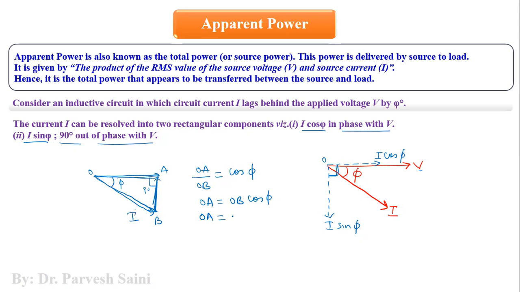So OA is equal to I cos phi. Similarly, the perpendicular component, you can take it either here or here, that is one and the same thing. So AB by OB is equal to sin phi, or AB is equal to I sin phi. So that is how we have got this current resolved into two components. One is this one, which is in phase with the voltage V.